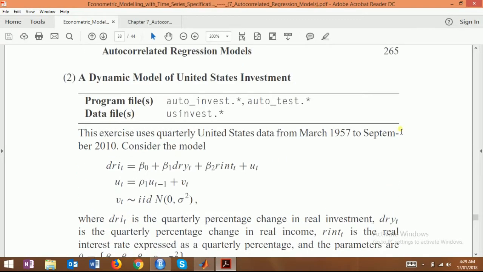A dynamic model of United States investment. This exercise uses quarterly United States data from March 1957 to September 2010. Consider the model.